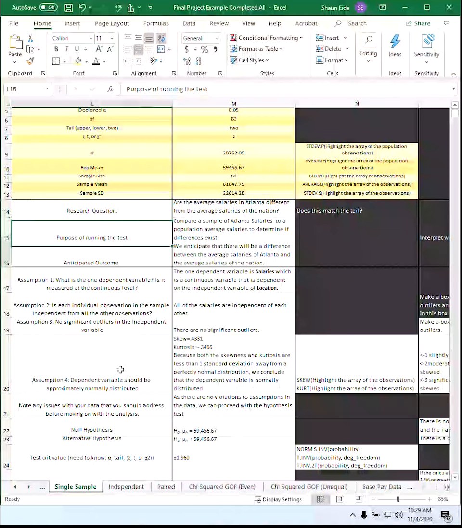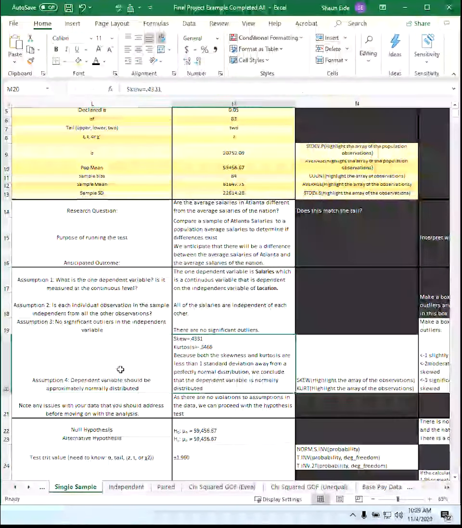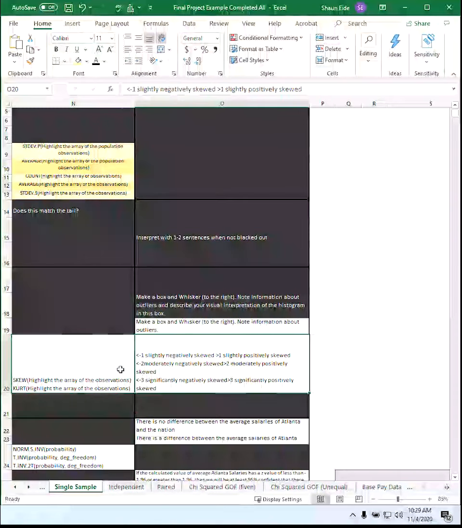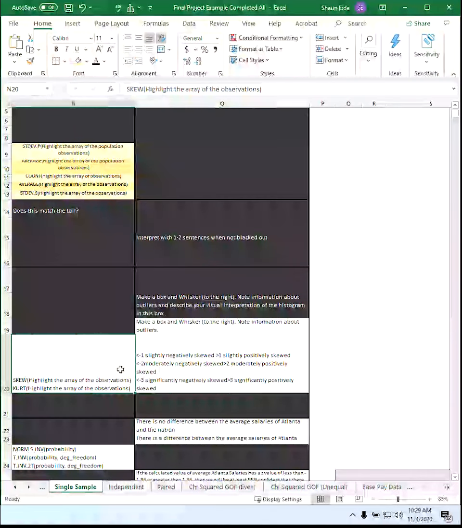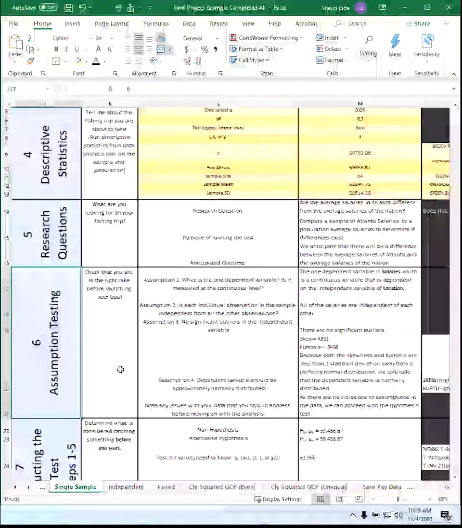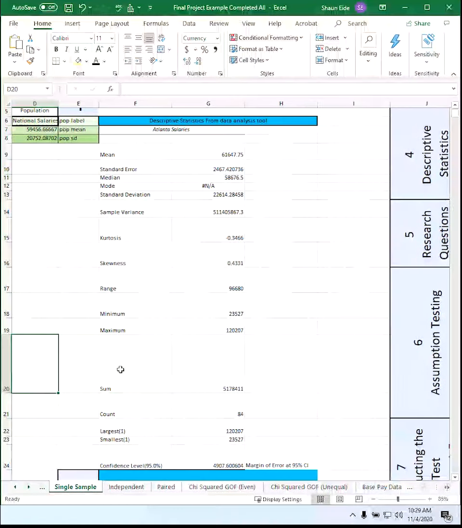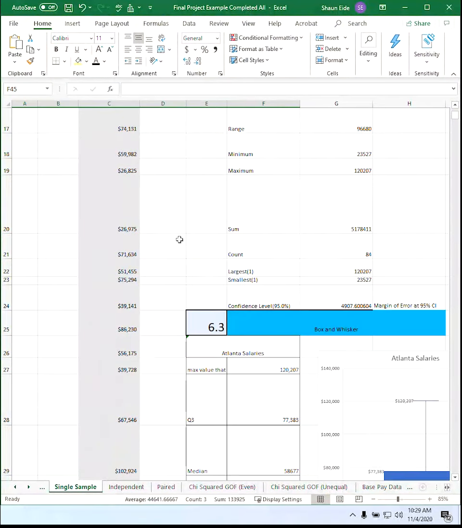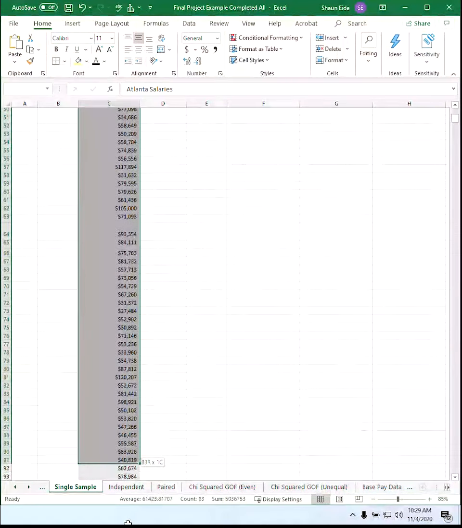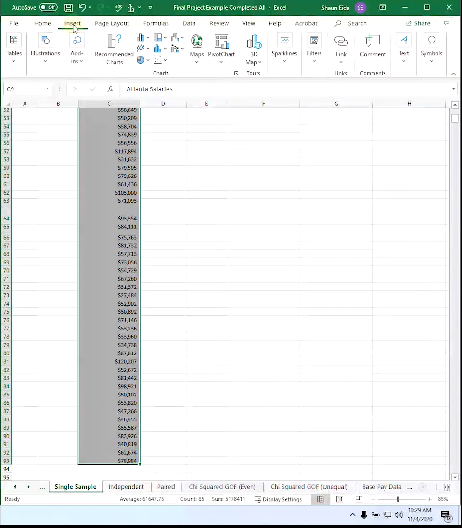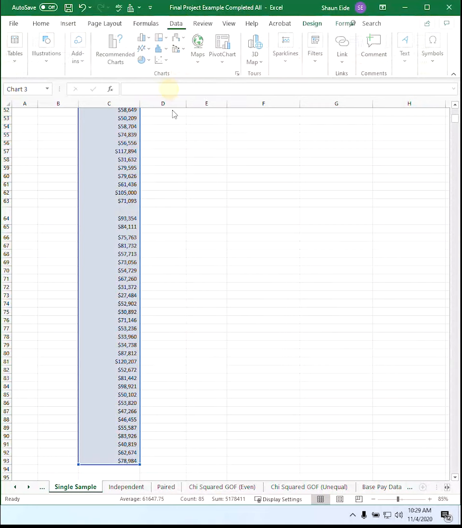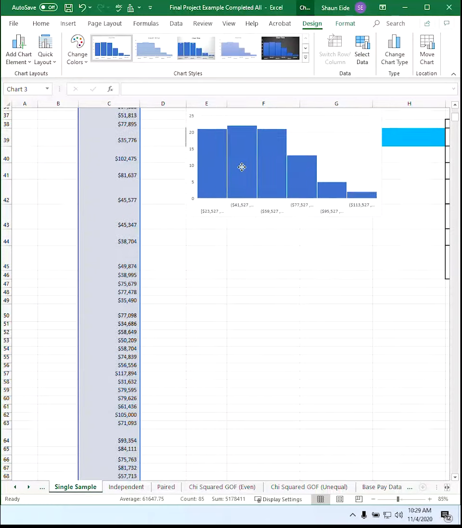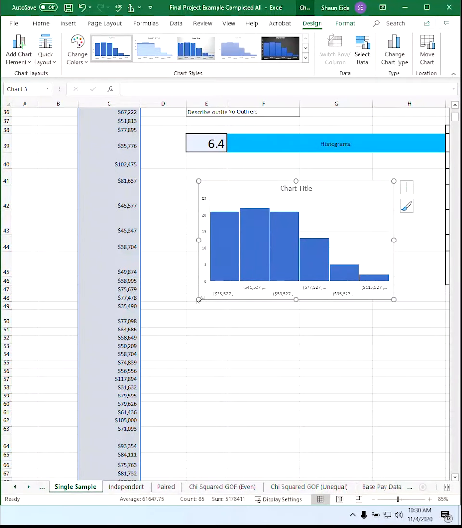Okay, so for assumption 4, the other thing I want you to do is make a histogram. You're going to go down, highlight all of this information, and insert a histogram. The histogram is really great to show the distribution.